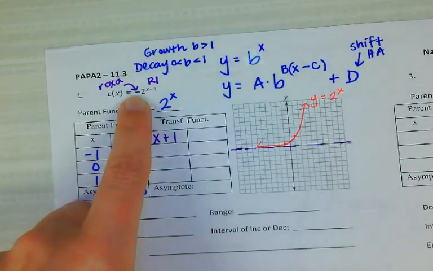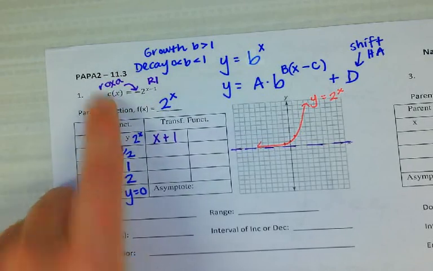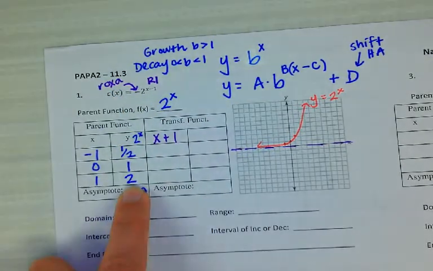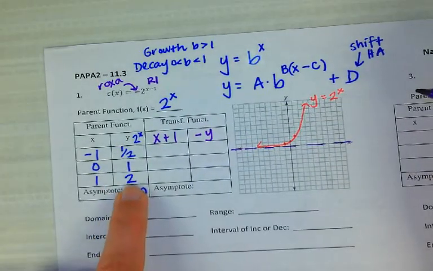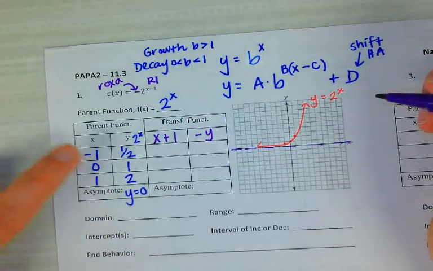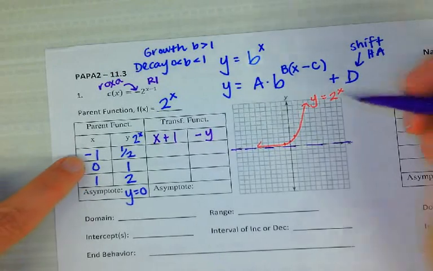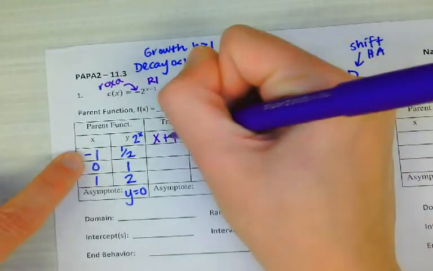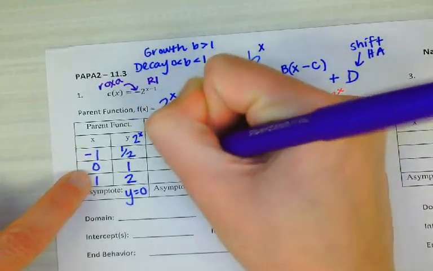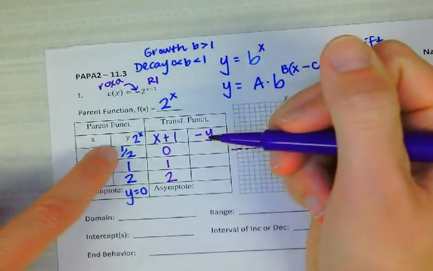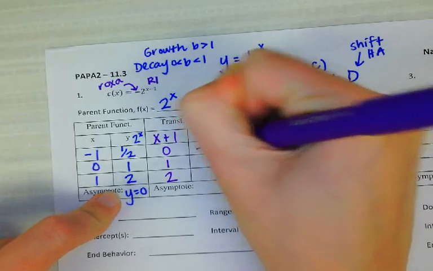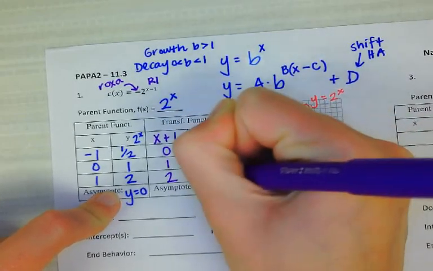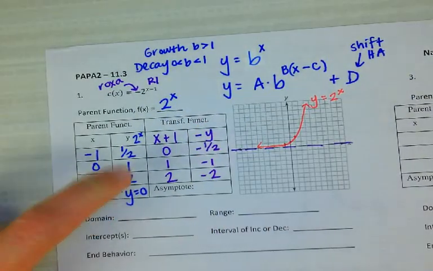To reflect all of my values, remember this is a vertical reflection, so it affects your y's, I just have to change their sign. Let's make these changes. Adding 1 to your x's, go ahead and change your sign on your y's, so -1/2, -1, -2.